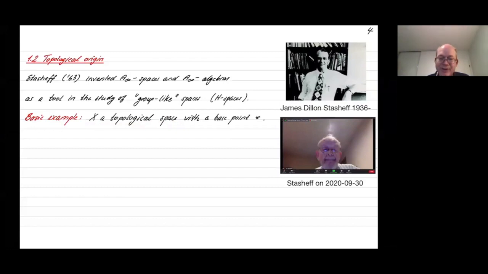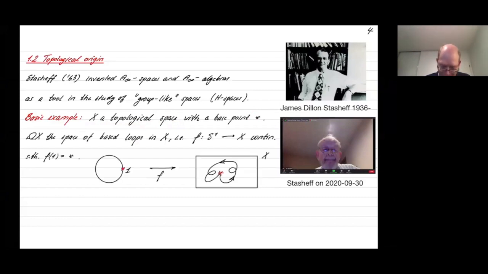And we consider the based loops, the space ΩX of based loops in X. By definition, these are parametrized loops, continuous maps from the circle to X, which take the canonical base point of the circle to the given base point of our topological space. So they are given by loops with a parametrization.